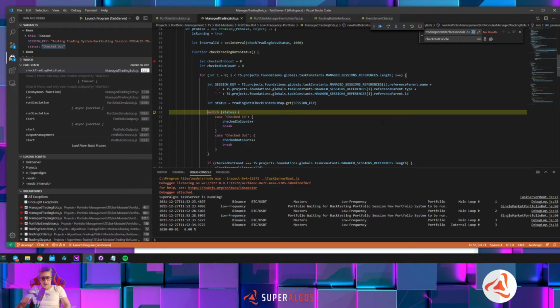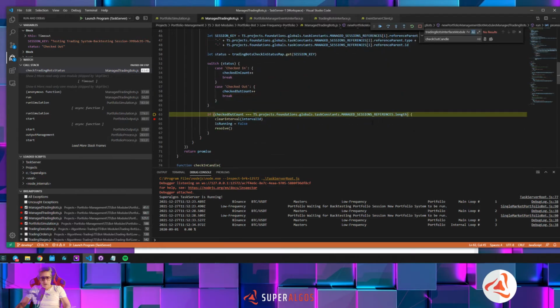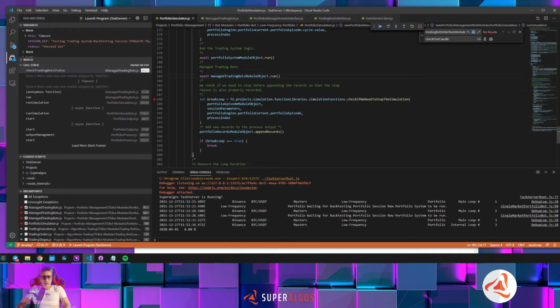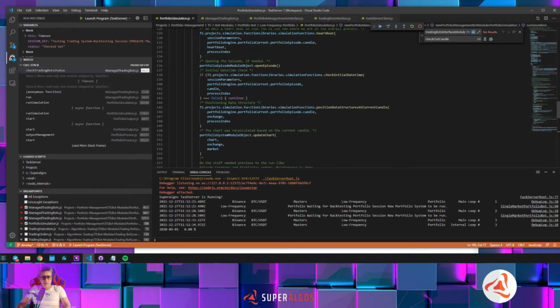It's going to be checkout, so it's going to count there. It's going to clear the interval. It's going to say that running is false, and it's going to resolve this, and the simulation will continue.